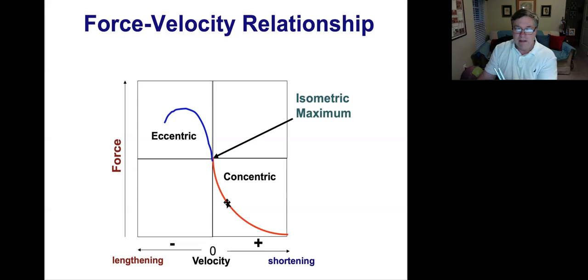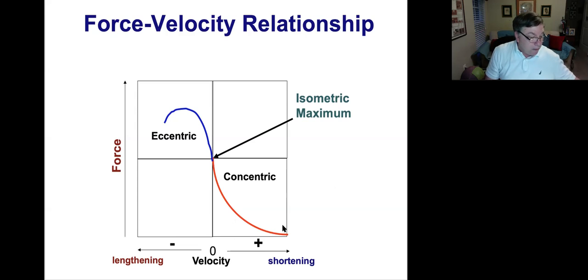If you're hitting something like a badminton shuttlecock, or if you're playing ping pong, for example, you're probably on this end of the curve where you can produce a lot of shortening, a lot of movement, but notice the force is really low. So this is the trade-off. The faster you're moving, the less force you can produce, and that means you can overcome a smaller resistance.